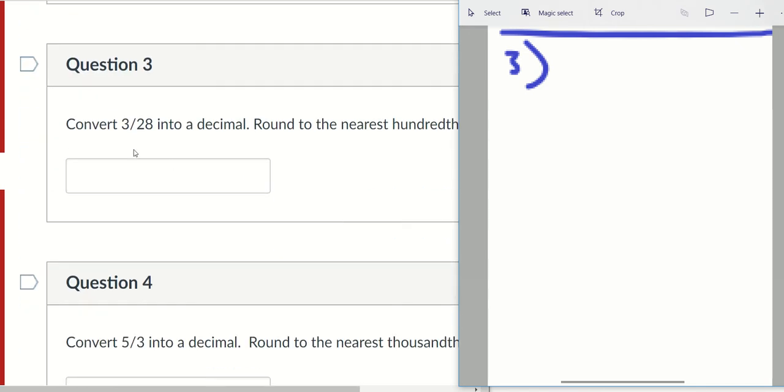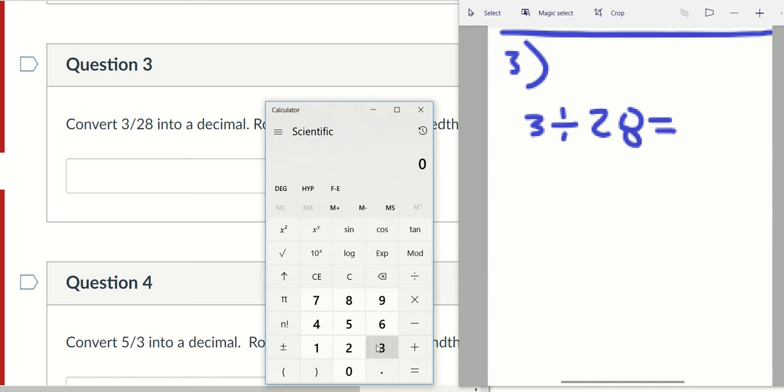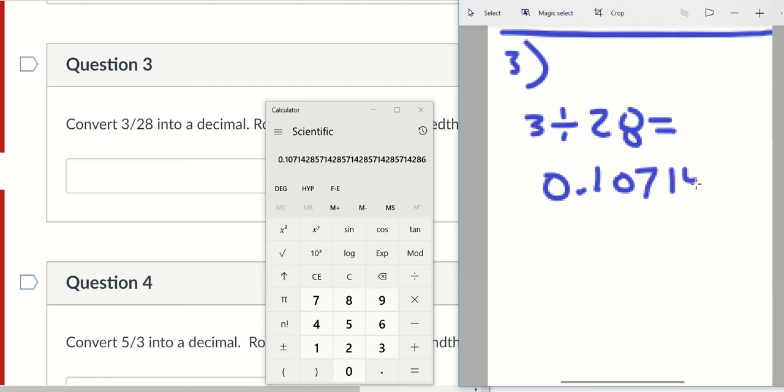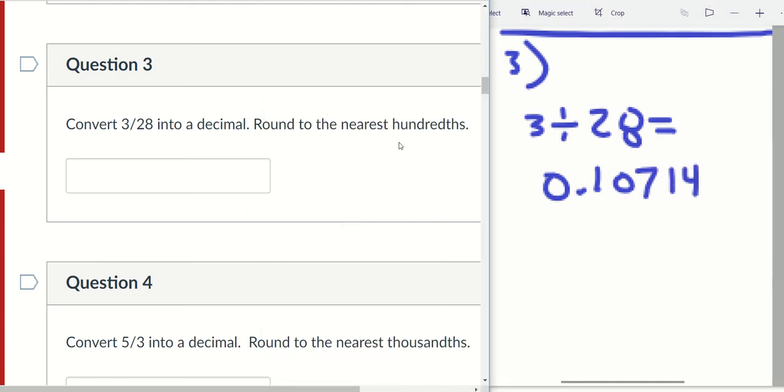Number 3. 3/28ths into a decimal, round to the nearest hundredths. So let's punch in 3 divided by 28. It's going to give us a crazy decimal, I presume. So what digit is in the hundredths place?